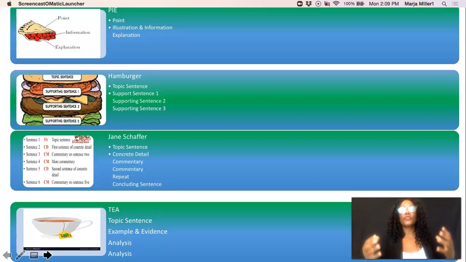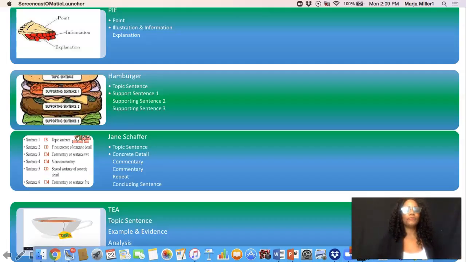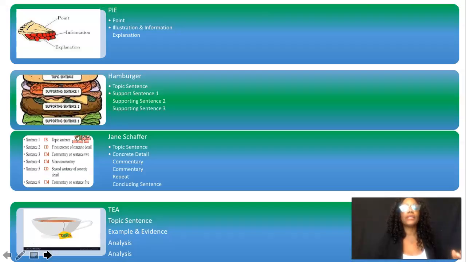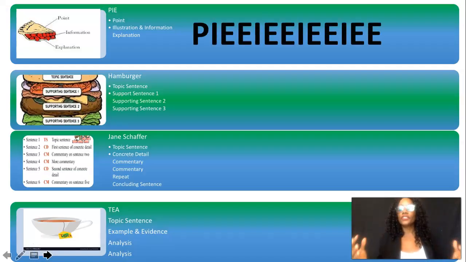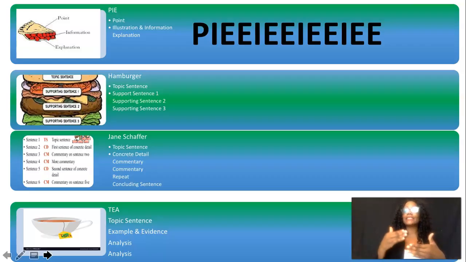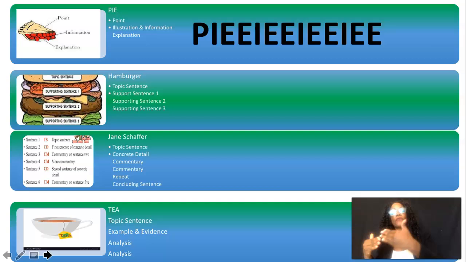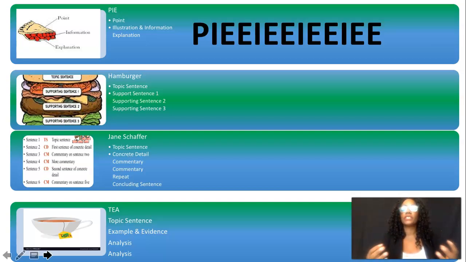Okay, so for the first one, the idea is that writing is as easy as pie, right? And so you have this idea of the point being your first letter of the acronym, and each of these letters stand for a sentence, and you have your point, your illustration or your information, and then you have your explanation. And you repeat that cycle 3-4 times until you've exhausted the subject or you've actually proven your point.